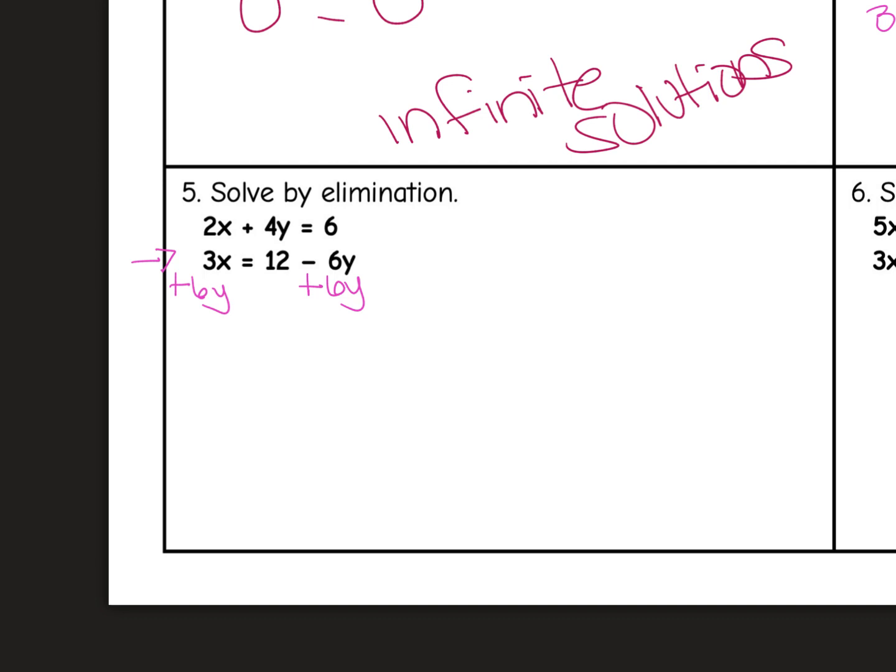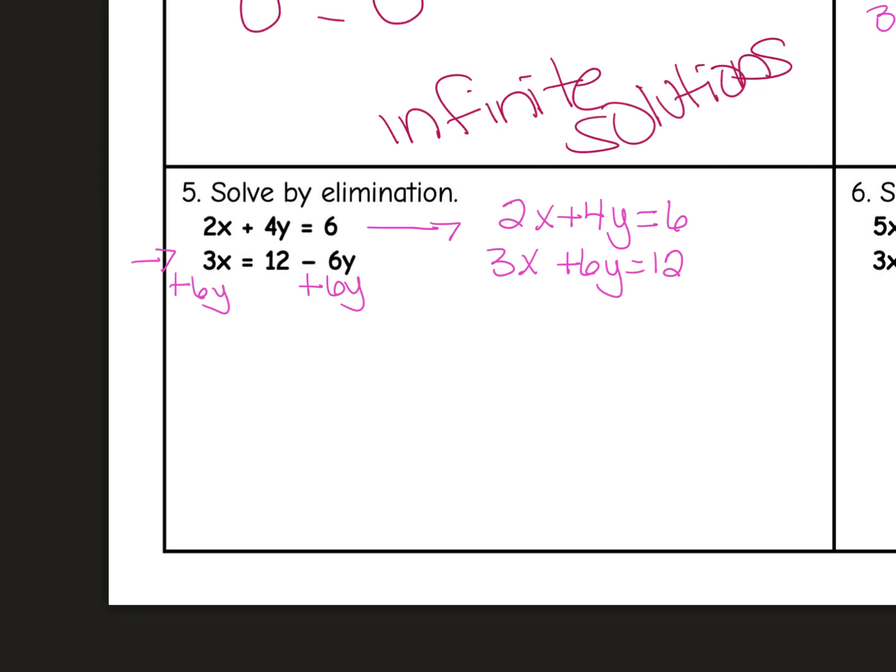Okay. So when I do that, my top equation is just going to stay the same, and I'm going to rewrite that over here so I can work on keeping them stacked or lined up. And then my bottom equation, when I move the 6y, we will have 3x plus 6y equals 12. Okay, so now they're both in the same order.